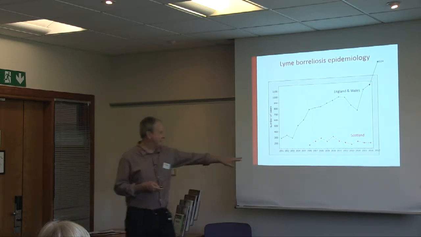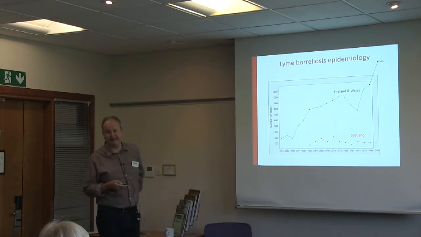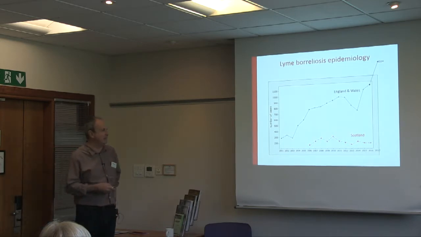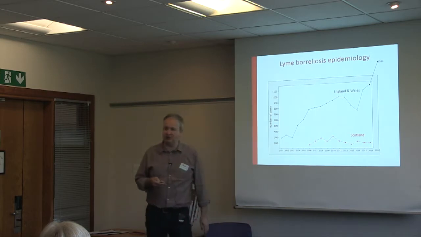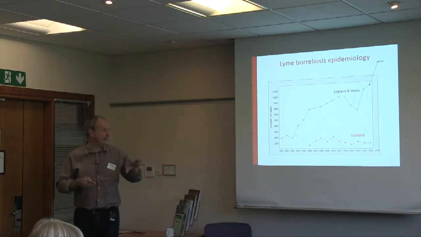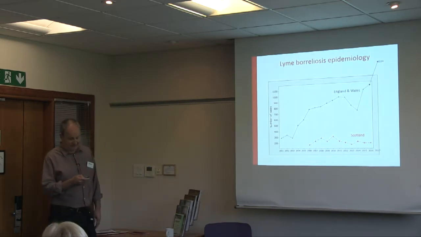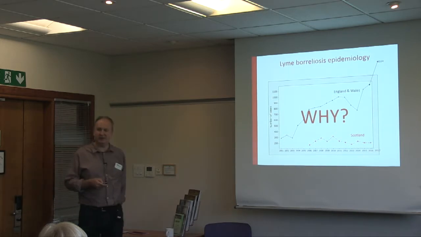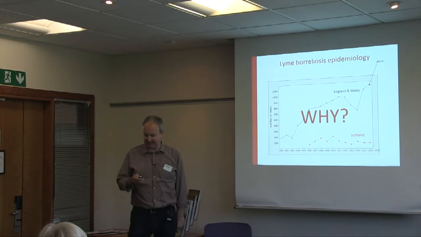We've gone from a couple of hundred cases up to now about 1,500 laboratory confirmed cases in England and Wales. In Scotland, that figure is ticking along at about 200 cases a year. So the incidence in England and Wales and Scotland is about the same. But undoubtedly there's an upward trend, and the question I'm going to try and answer throughout this talk is why this is happening.